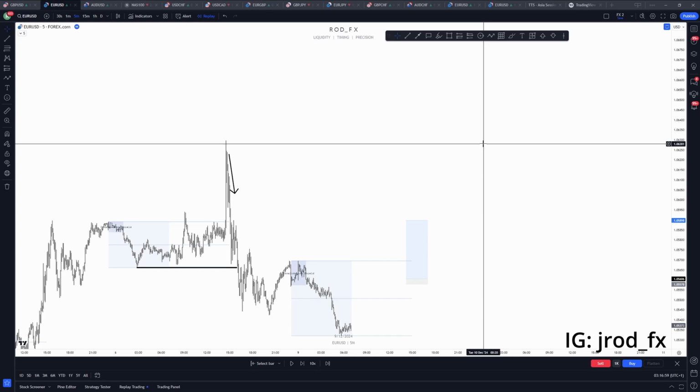When there's a structural shift, it doesn't mean that there's a trap. A lot of people confuse the structural shift and the traps. Yes, the market traps retailers with structural shifts as FBOSs, but that doesn't mean that when we switch the structure, it will immediately create a trap.